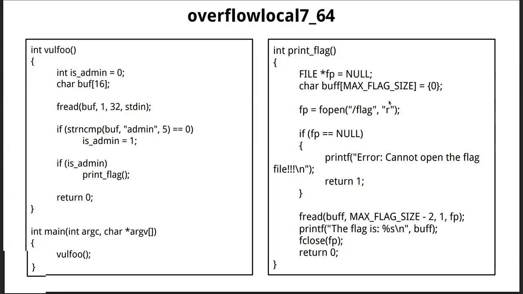So let's see how we can find the bug here. First of all, what kind of bug is it? We cannot overflow the return address, like we said. But we can overflow the is_admin local variable. There is a buffer overflow, but when you overflow is_admin, we will not get a segmentation fault.